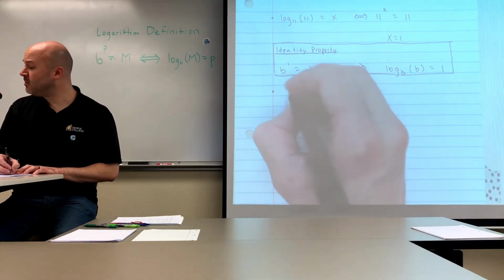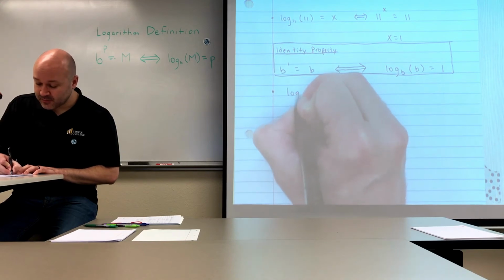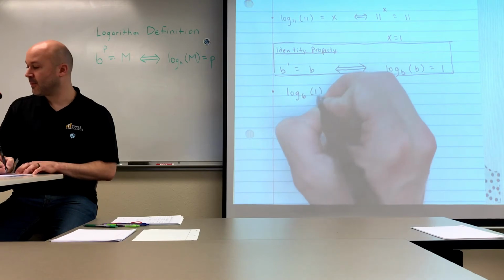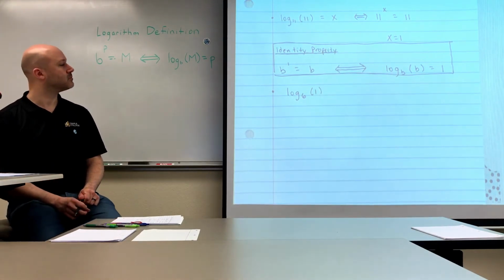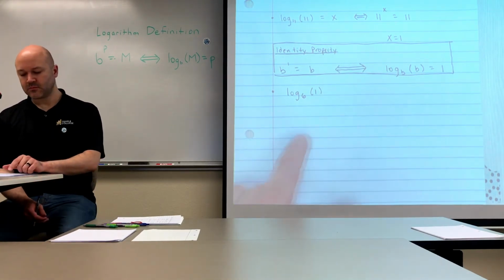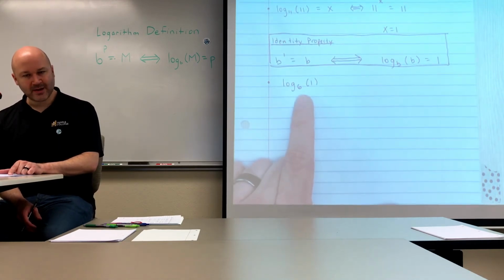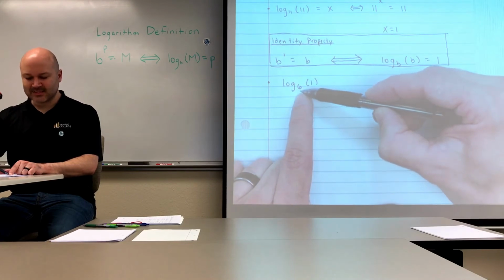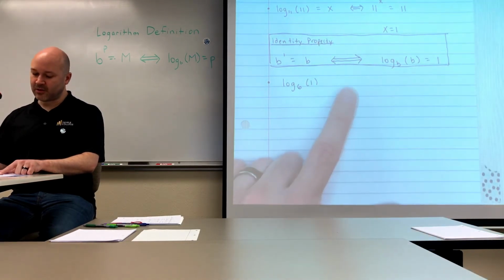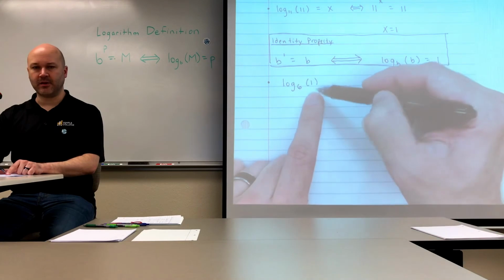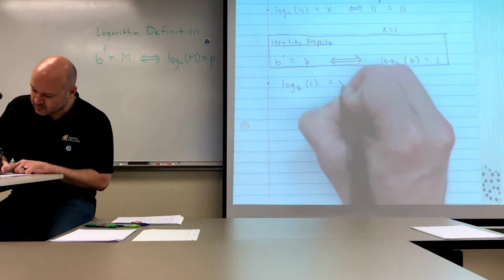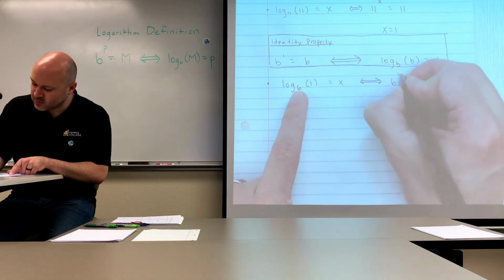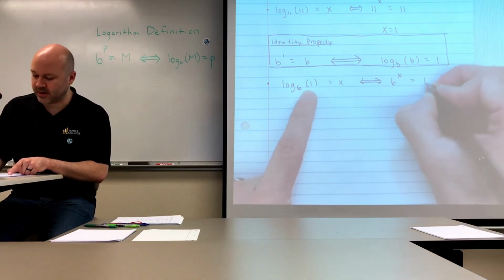Let's do another example. Something like log base 6 of 1. Rewrite it if you need to. I'm going to try to do this mentally real quick. 6 to the what power would give me 1?